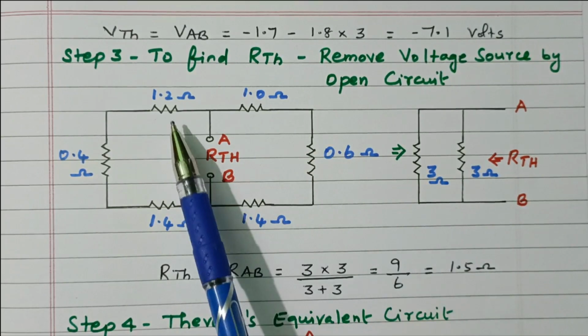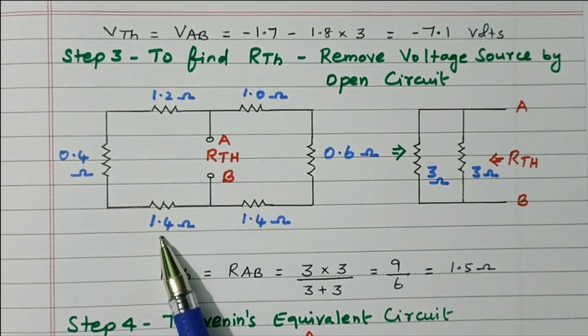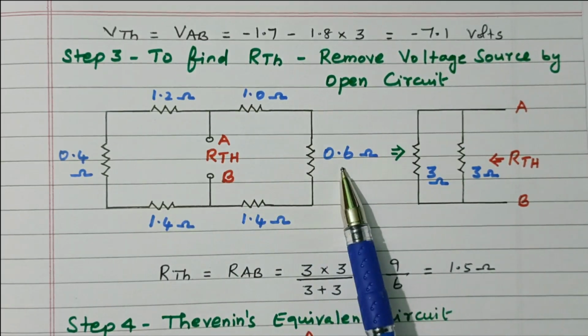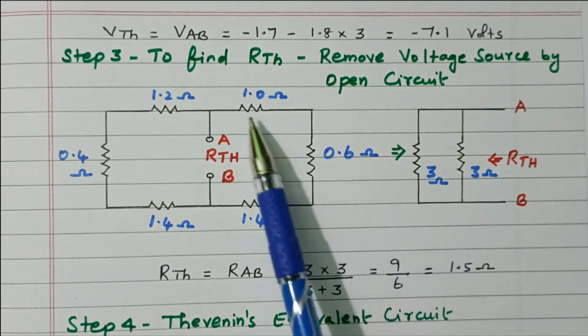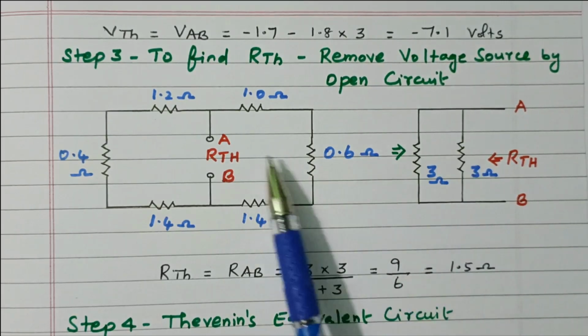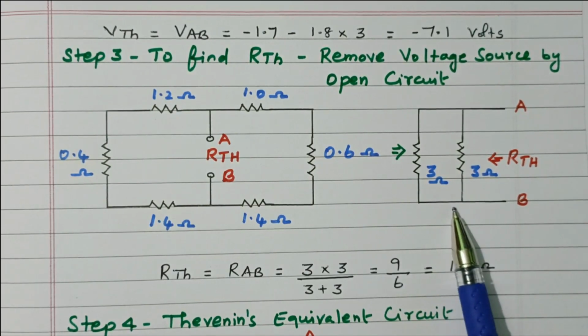So that is given here. 1.2 plus 0.4, 1.6 plus 1.4, 3 ohm. 1 ohm plus 0.6, 1.6 plus 1.4 is another 3 ohm. Right? So this branch is connected in series 3 ohm. This branch is connected in series 3 ohm. Both are in parallel. Right?